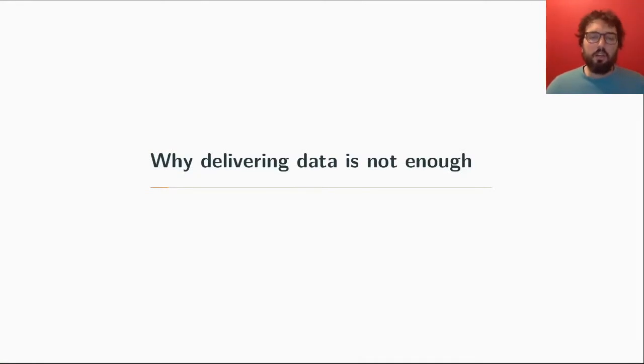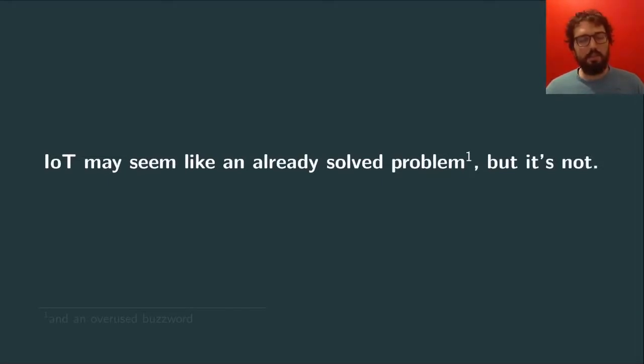So why is delivering data not enough for an IoT project? IoT may seem like an already solved problem and an overused buzzword, but it's actually not, because there are some aspects of IoT which are still open and are not usually handled properly by the existing platforms.